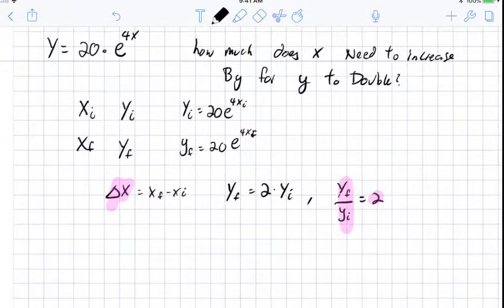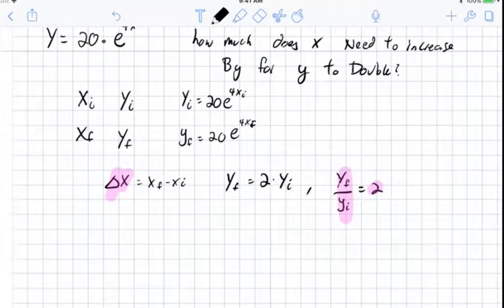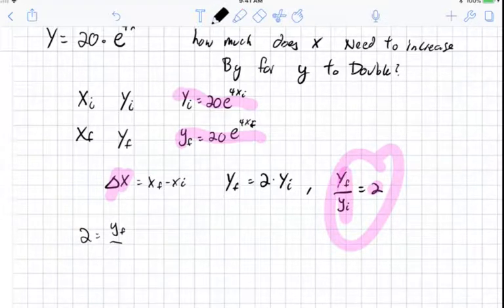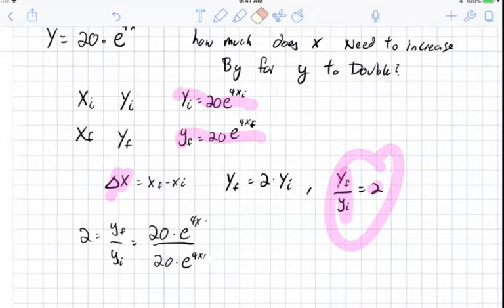So what you do is you just plug in these equations into this expression. 2 is equal to y final divided by y initial. That's equal to 20 times e to the 4 x final over 20 times e to the 4 x initial. Wait, I switched those around. The top one's supposed to be f and the bottom one's supposed to be i.